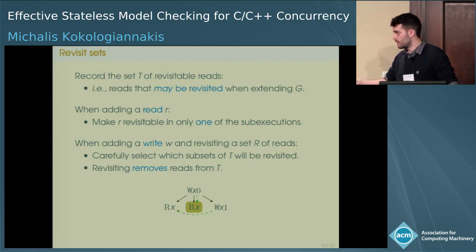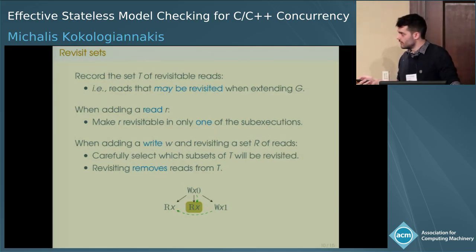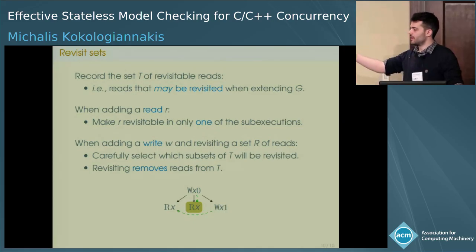So here on the bottom is an illustration of these revisit sets. So you can imagine that this read that is green is actually revisitable. So if we add another write at some point later, this read in the middle can actually be revisited and be forced to read from the write we're about to add, but the read on the left is not revisitable, which means that it will never be revisited again and that this read-from edge is final.